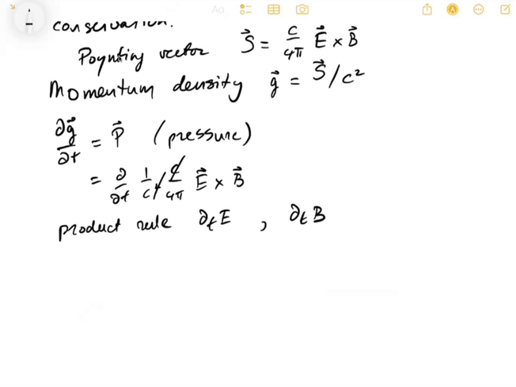The large part of this derivation goes into pulling these from Maxwell's equations. This one is pulled from Ampere-Maxwell, and this one is pulled from Faraday's law.